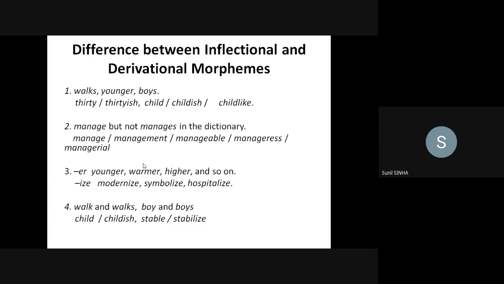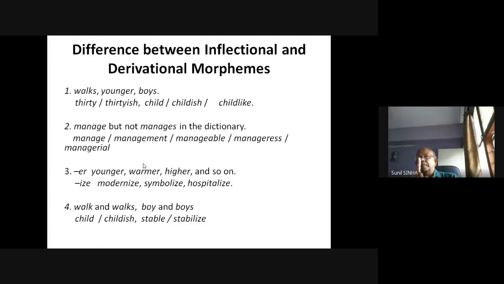So the meaning of -ize in modernize is different from its meaning in symbolize. In modernize, the meaning of -ize is to make. But in symbolize, the meaning of -ize is not to make. Symbolize does not mean to make a symbol. Symbolize means to act as a symbol.